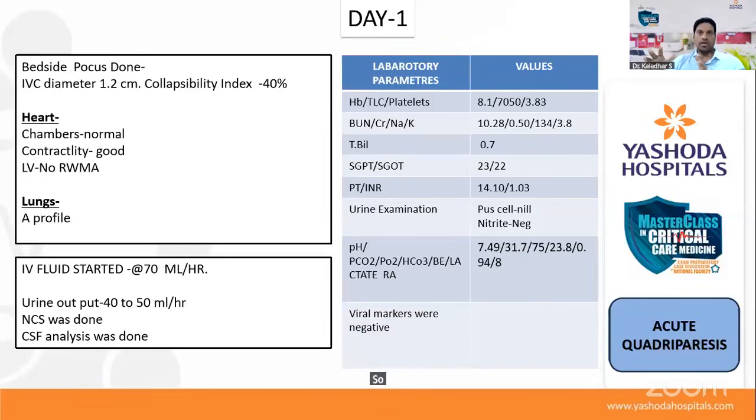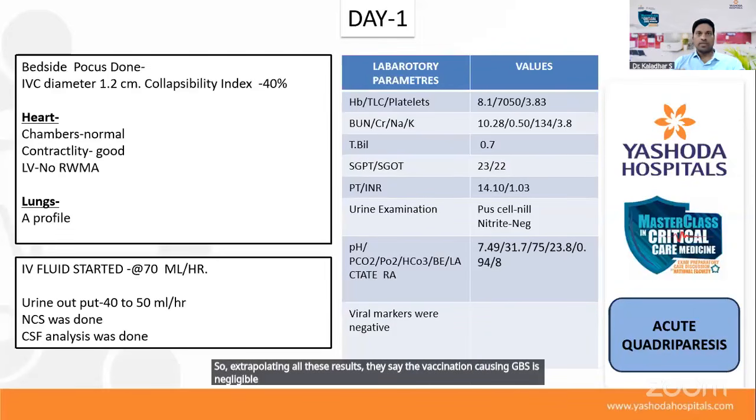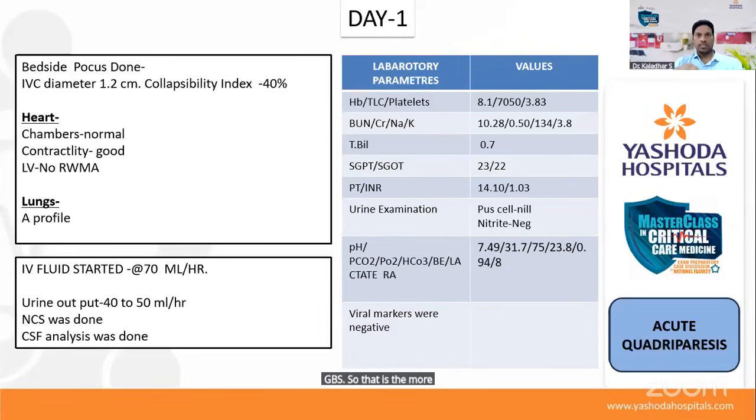Extrapolating all these results, the incidence of vaccination causing GBS is negligible. Rather, by giving vaccination, you are preventing an illness like influenza and so preventing more cases of GBS. That is the evidence coming up regarding vaccination.